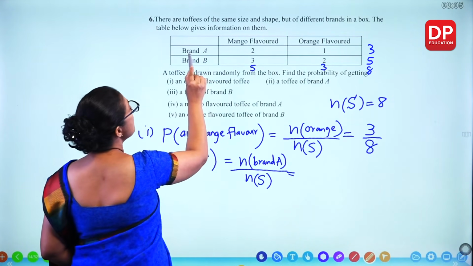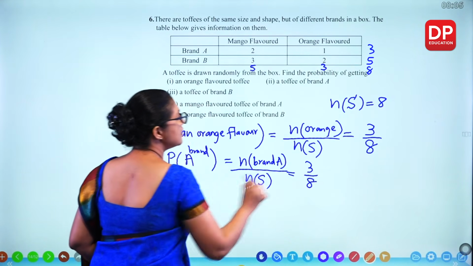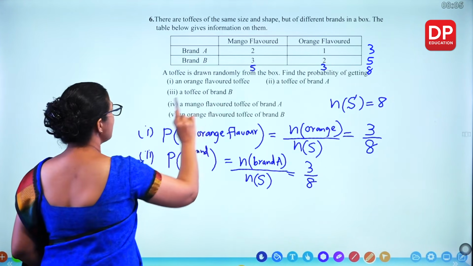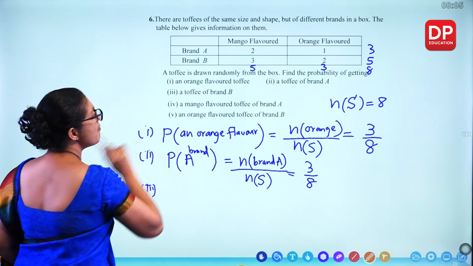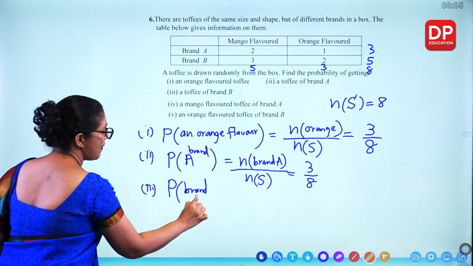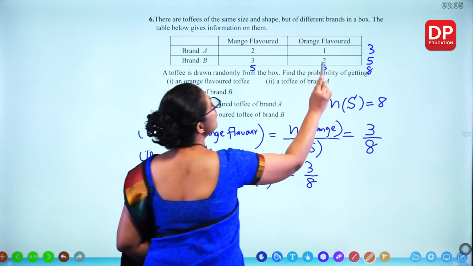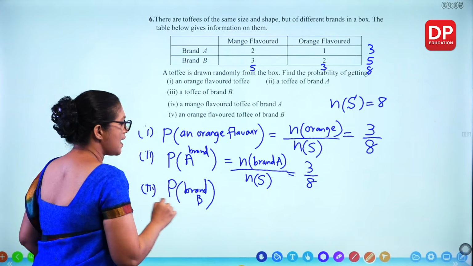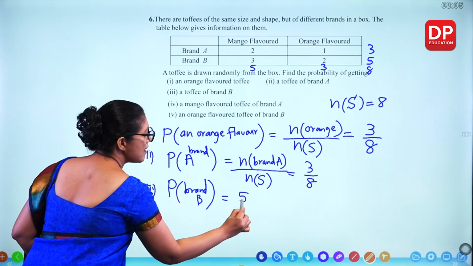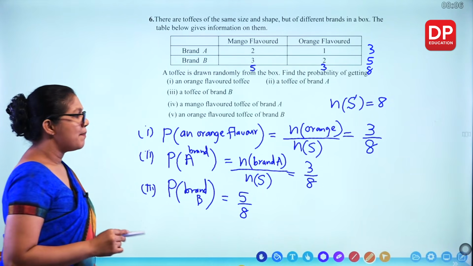Number of elements in brand A is 3, so 3 over 8. Now the third part, a toffee of brand B. How many toffees in brand B? When you take this one, 5 toffees are there. So what's the probability? 5 over 8, because the number in brand B is 5.